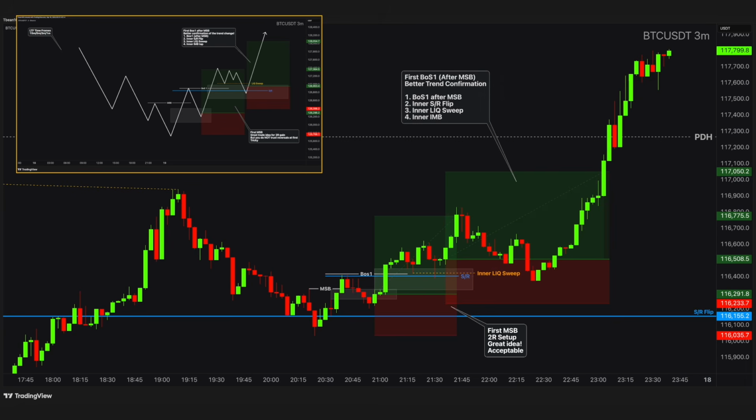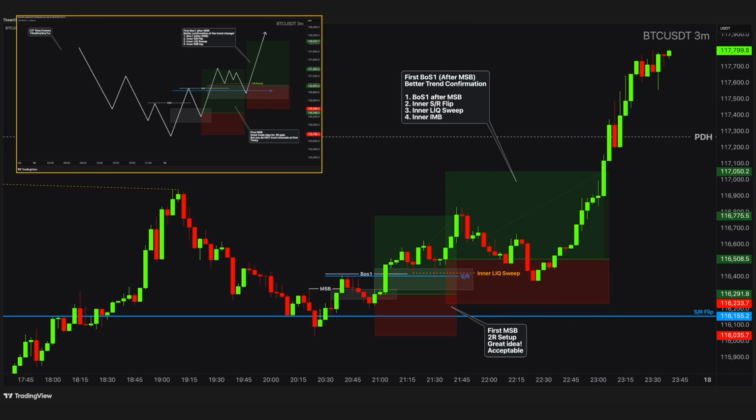Now, like I mentioned before, those first reversal points after market structure breaks can sometimes be tricky. If you find yourself getting stopped out several times, it is better to simply wait for the first break of structure after the market structure break. This way, you are trading with stronger confirmation of the trend after a reversal point.